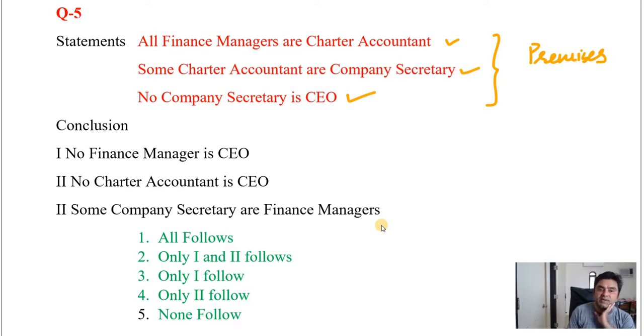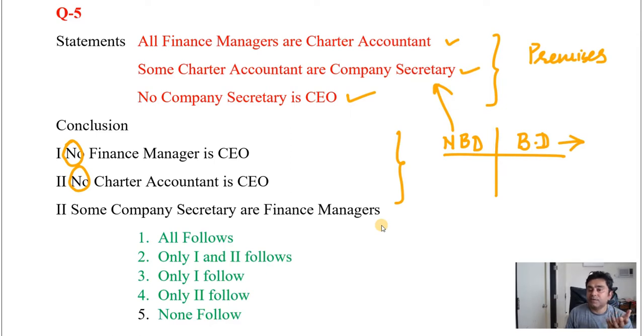So when "no" is coming into the conclusion, you have to draw two diagrams. You have to draw a no-brain diagram as per this statement, and then you have to draw a brain diagram by using your imagination and considering all possibilities. So let us look at the diagram.